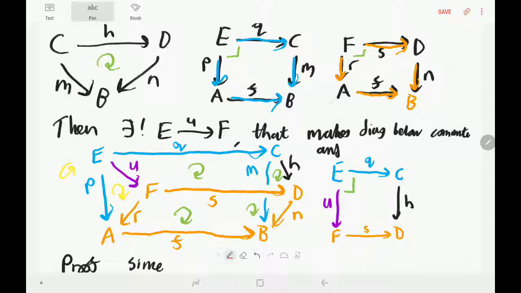And then this orange pullback here forms this kind of lower wall as we're looking at it.